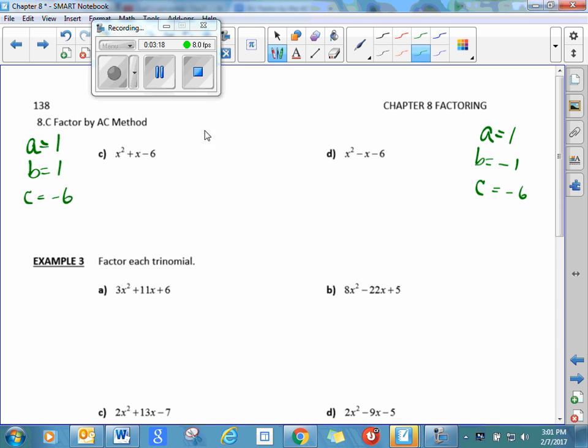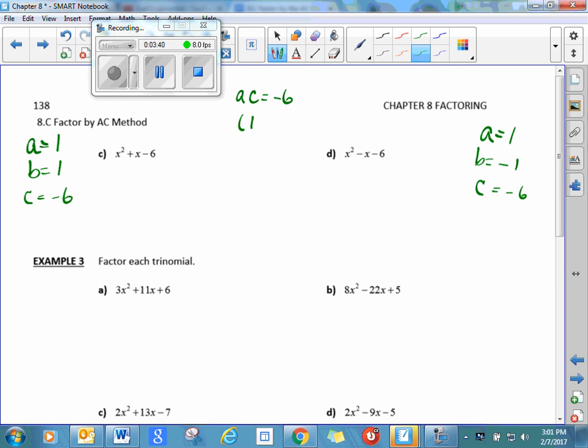So again, our A and our C are the same, so AC is equal to -6. So 1 times -6. So we're looking for the factor pairs that when you multiply them, you can get -6.